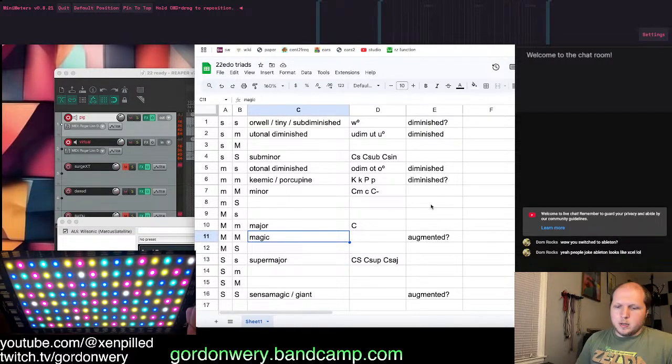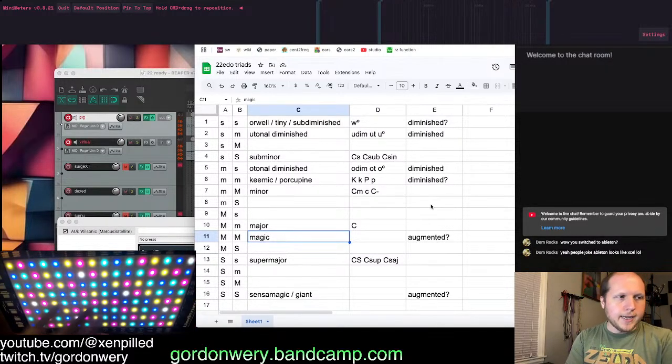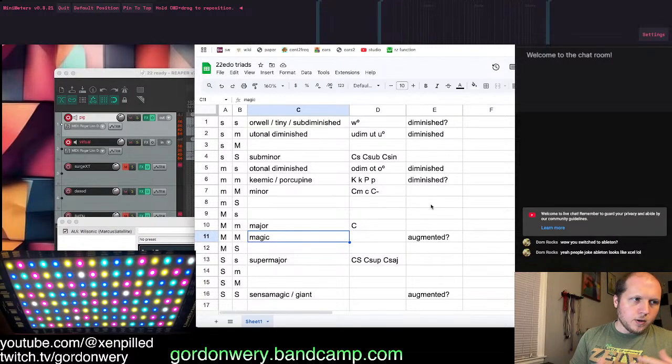If you're in 12 equal and you invert a symmetrical structure, the only triad this would apply to would be an augmented triad. If you invert an augmented triad in 12 equal, you go from C, E, G sharp to E, G sharp, C. C to E is a major third, E to G sharp is a major third. And then when you invert it, E to G sharp is still a major third, and then G sharp to C is still a major third.